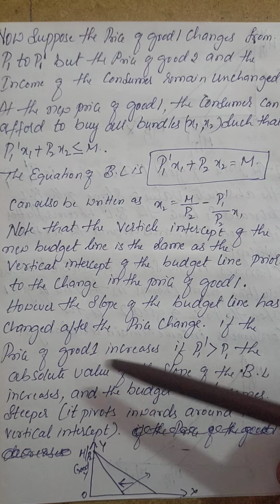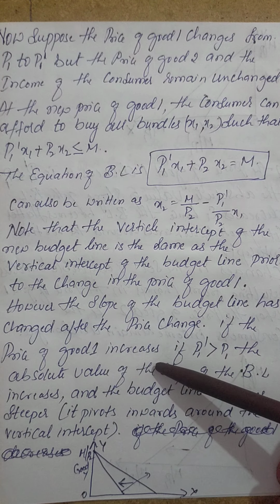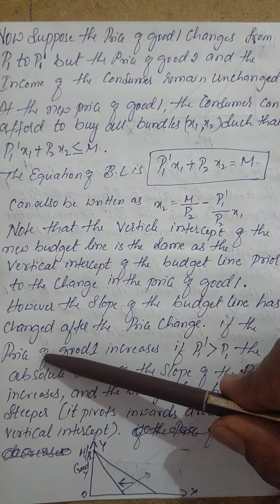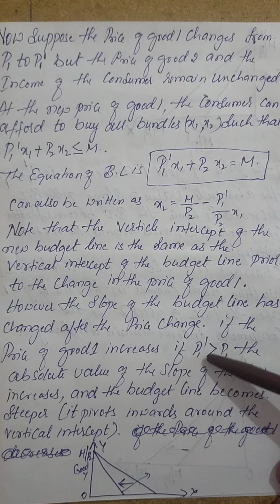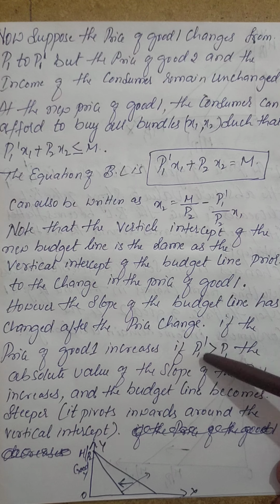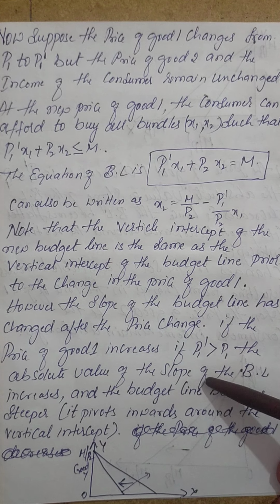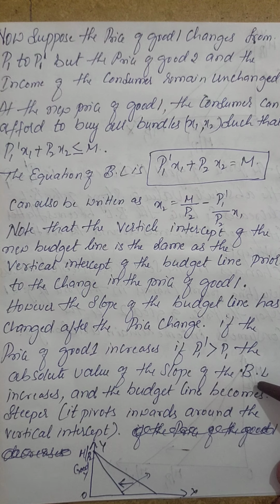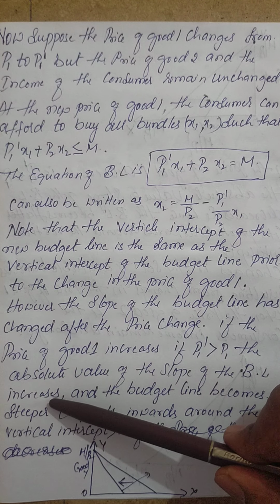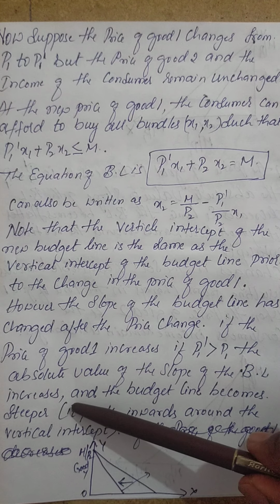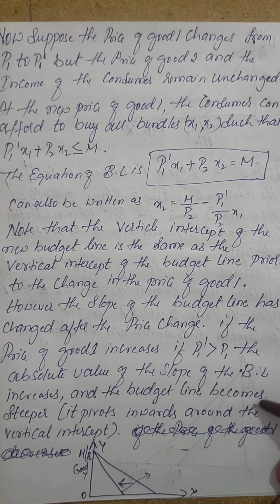If the price of good 1 increases, P1 dash, which we have shown in the mathematical way, the absolute value of the slope of the budget line increases, and the budget line becomes steeper.